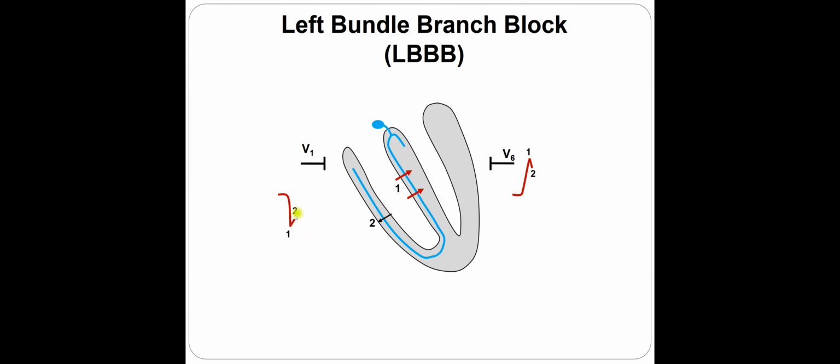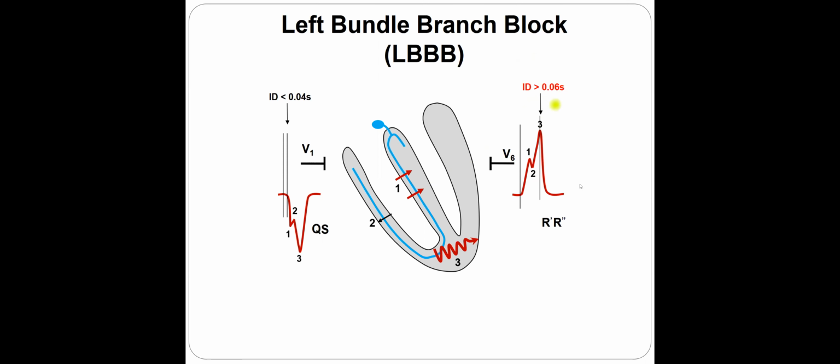Sometimes you see notching in V1 or notching in V6. But the major activation through the muscle points from right to left. This is why you have a QS complex, or a letter W, in V1, and an M complex, or I would say a wide R complex, in V6. If you look at the ventricular activation time, you can see it is elongated on the left side.